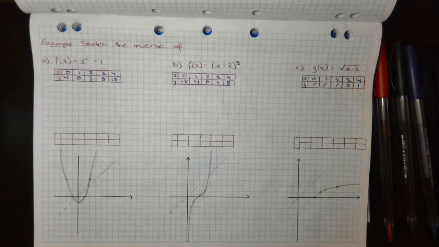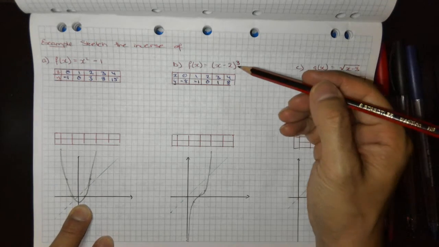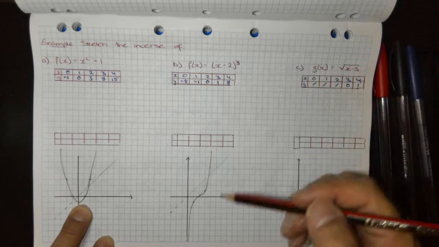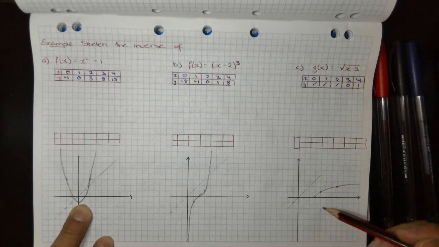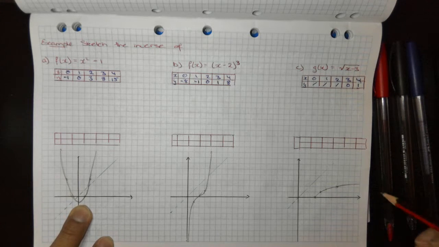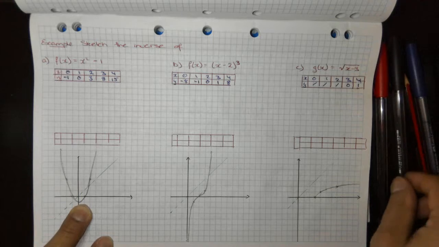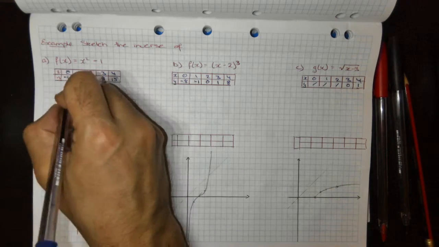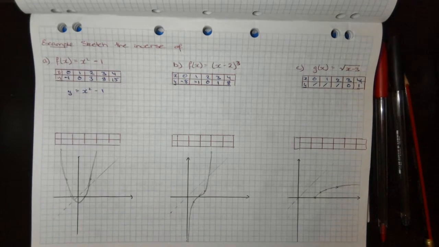Okay, so we're going to practice sketching the inverse of x squared minus 1. That's a parabola. I've got x minus 2 cubed, so I've got a cubic, and I've got the square root of x minus 3, and that's a semicircle, or a side parabola. So we're going to find its inverse. Once again, you do y equals x squared minus 1.